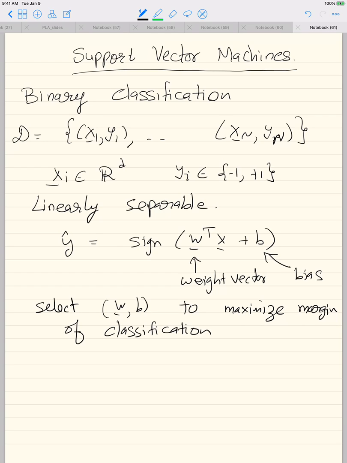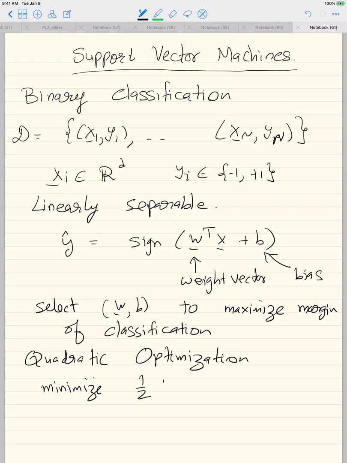In the last lecture, we formulated this as a quadratic optimization problem. So we showed that we can find the solution to the following optimization.